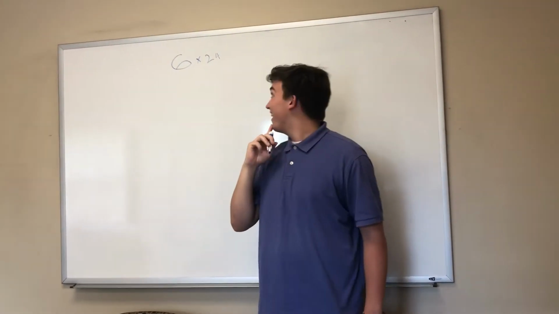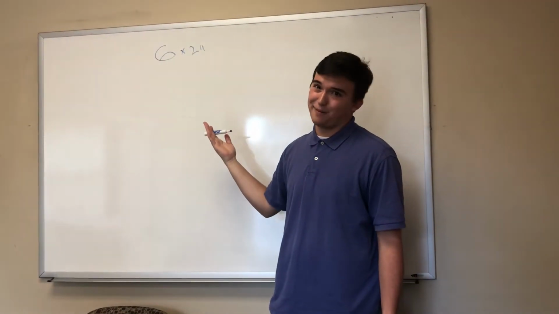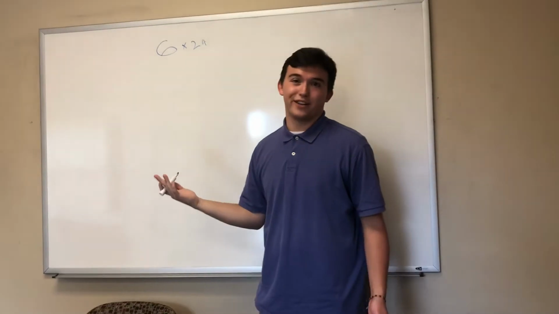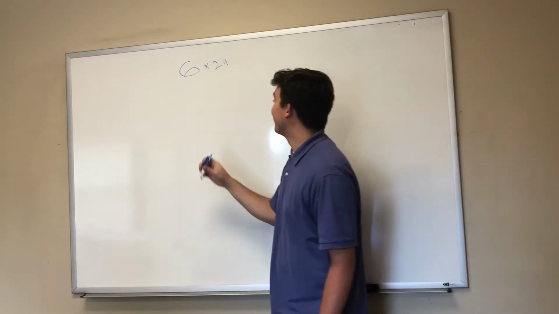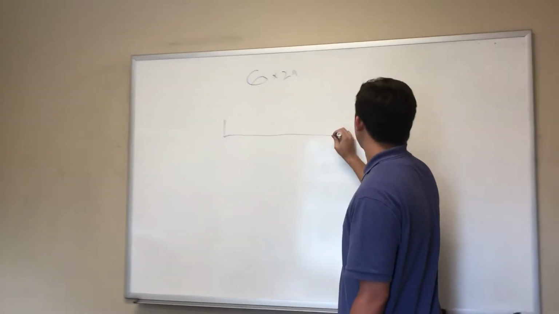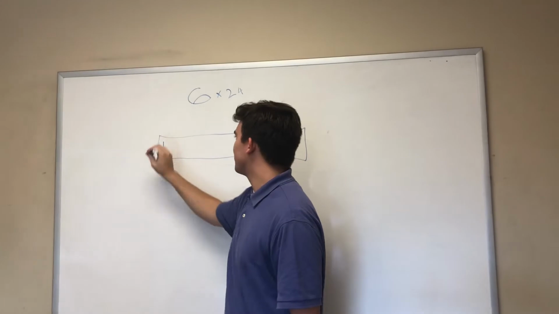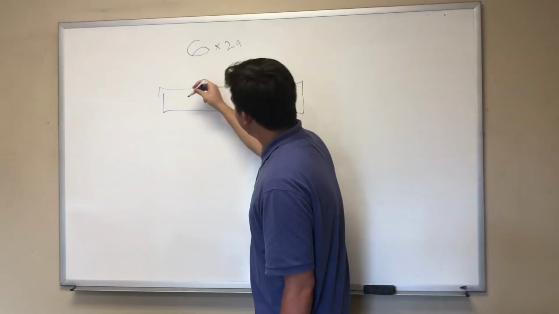Now, I'm 20 years old, and I don't know what 6 times 24 is off the top of my head. I would need to look at a calculator or something. But not with the bar model, I don't. So let's make our little box. Don't you just love the way that sounds?